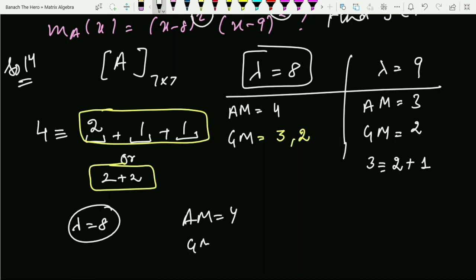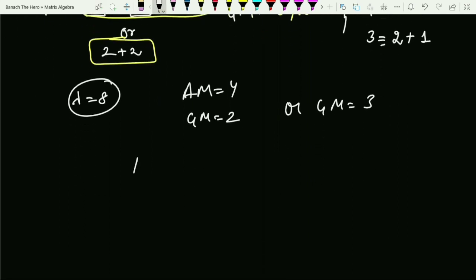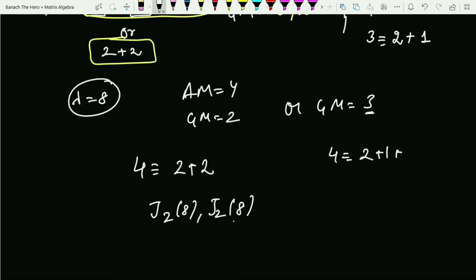If GM is 2, you make two partitions of 4, that is 2 plus 2. The Jordan blocks corresponding to this will be J2(8) and J2(8). If GM is 3, you make three partitions of 4, that is 2 plus 1 plus 1. The Jordan blocks will be J2(8), J1(8) and J1(8). Fine with this?